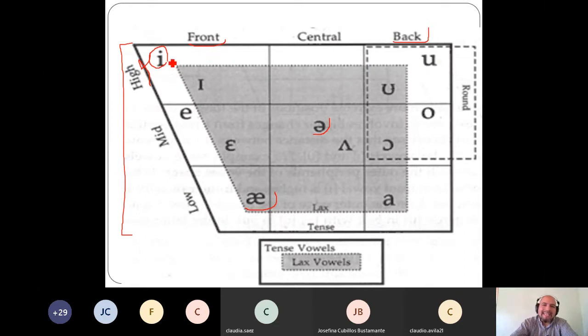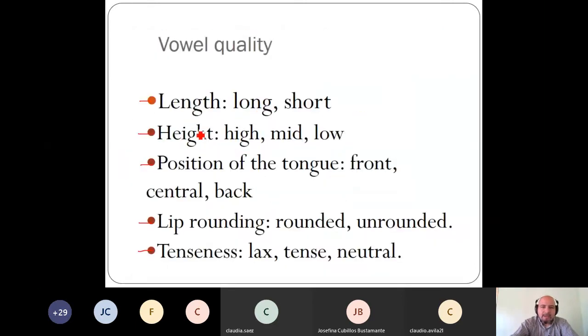E-oo, e-oo, e-oo. If you produce these two sounds, you should feel that the tongue goes forward and backwards, forward and backward. Okay, so that's why we can say that E is a front vowel sound and U is a back vowel sound. Okay, that's the third criteria, the position of the tongue.